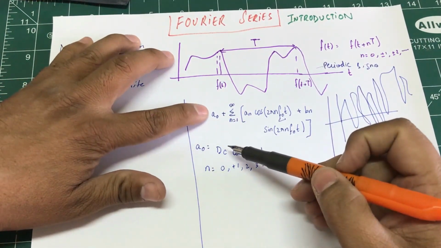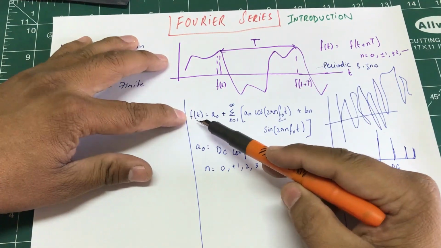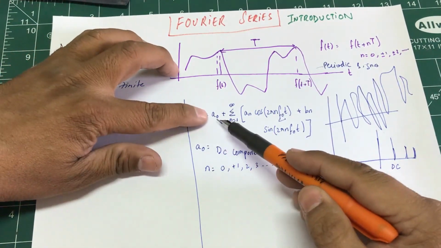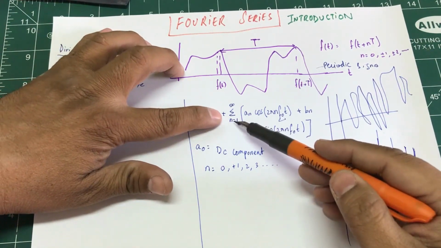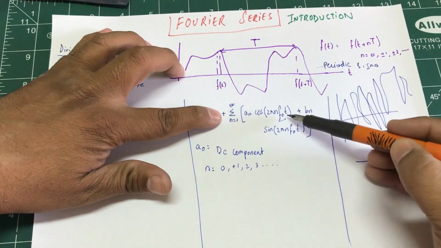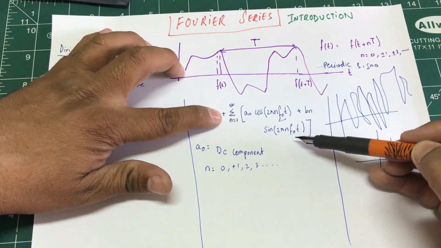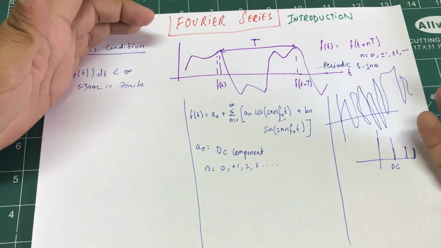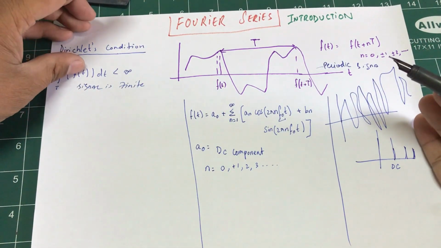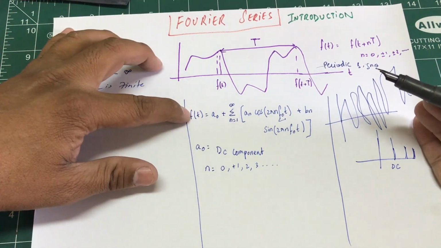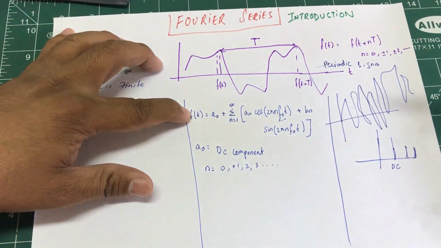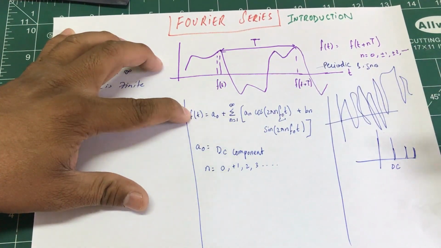Summation. So basically what I am saying is this function has some DC component, and it is a summation of cosine and sine. I hope you're getting it. When it fulfills the Dirichlet condition, you can break this down into Fourier components, which means you can look at sinusoidal and cosinusoidal components.